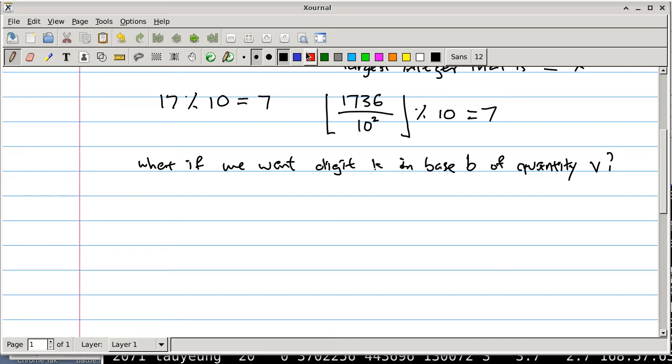I'm going to show you graphically. This is our v. This part here is our b, which represents the base. This one here is our k, which is telling us which digit we want to extract out of that number. And guess what? This one here is b again. Are we doing okay so far?